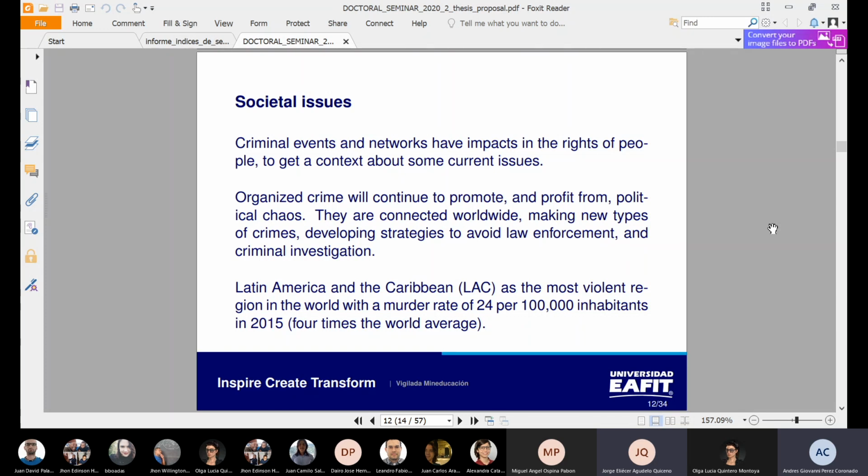Organized crime will continue to promote profit and political causes, and they are connected around the world. Even a small criminal organization has too many connections around the world, and we have to understand that.